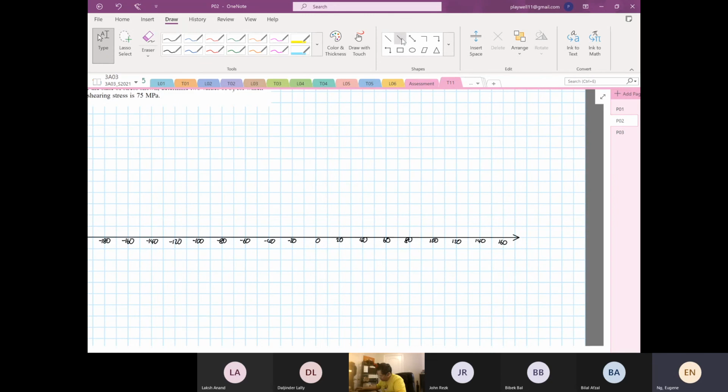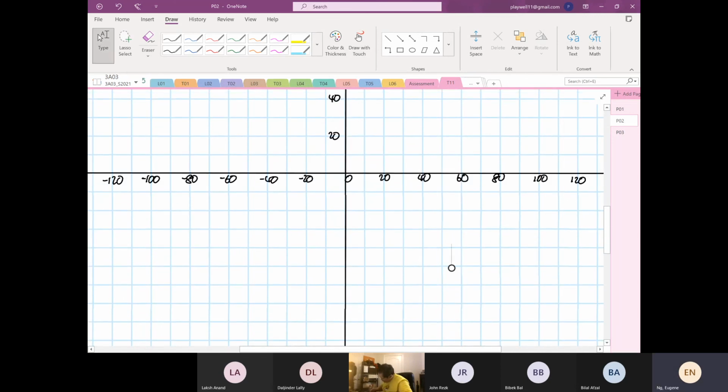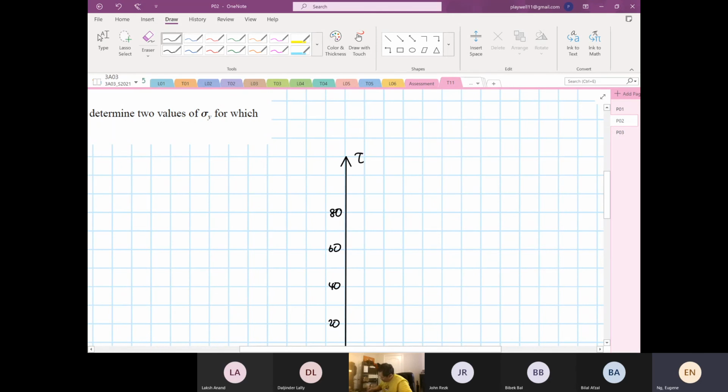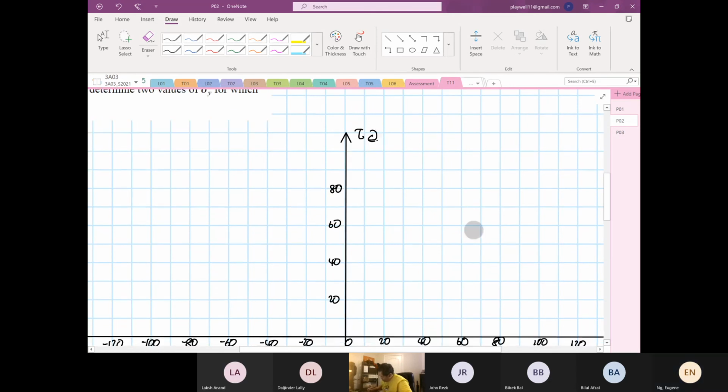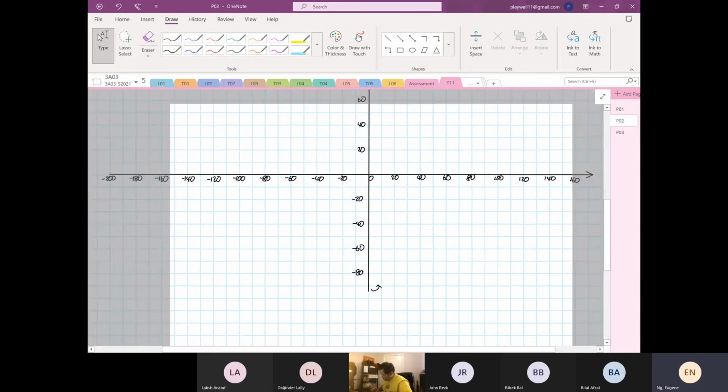Then we have our shearing stress. We have 20, 40, 60, 80. No point going any further because the tau max is at 75. Then minus 20, minus 40, minus 60, minus 80. And then shear stress element rotates clockwise, and shear stress element rotates anti-clockwise.